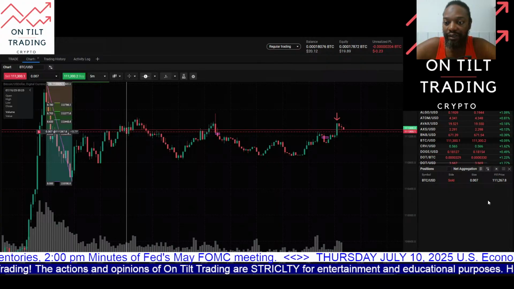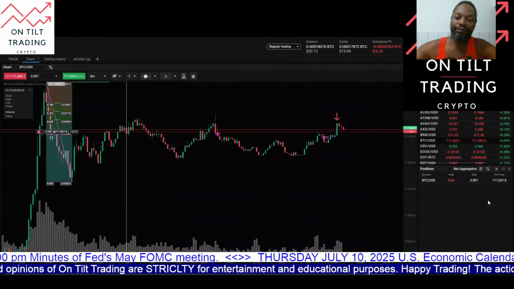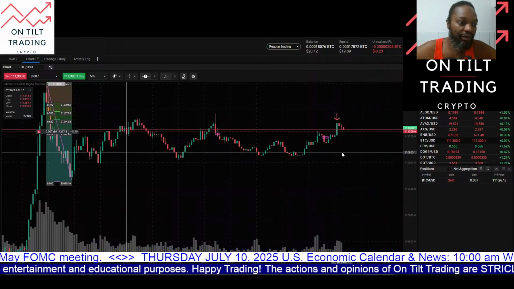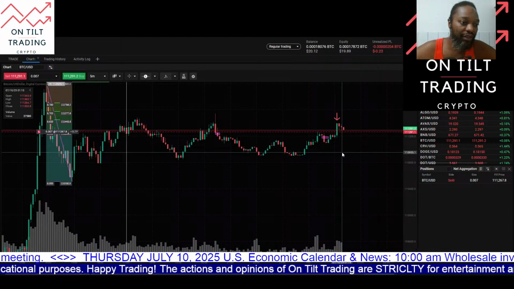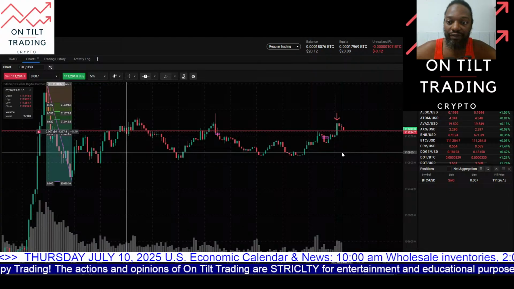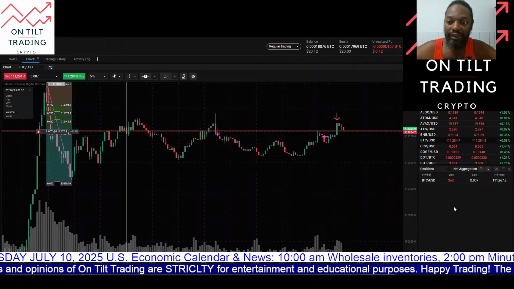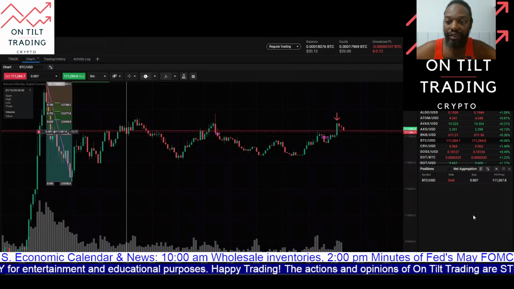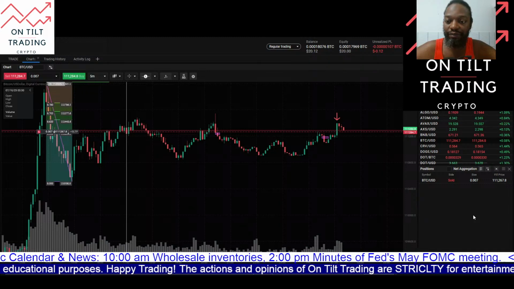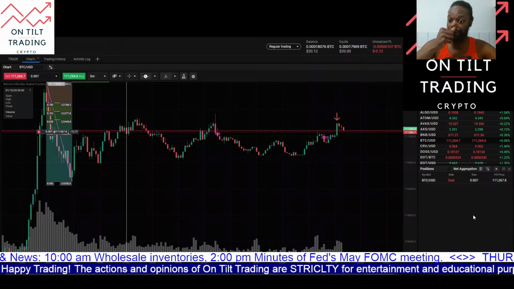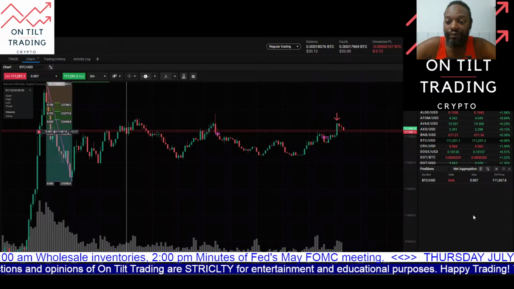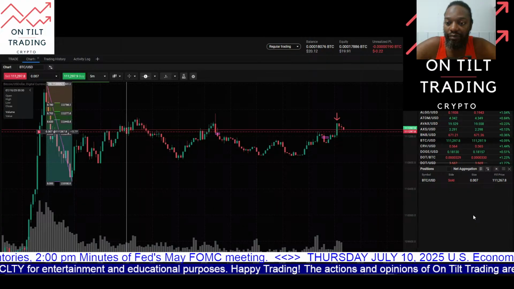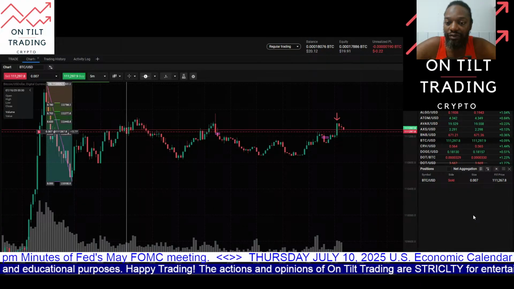Price testing the 111,300 level, potentially putting in a new 5-minute low. Current 5-minute low from the previous candle, 111,284.7. Now testing the previous 5-minute low at the same price, 111,284.7. Price consolidating here, backtesting the 111,300 low.